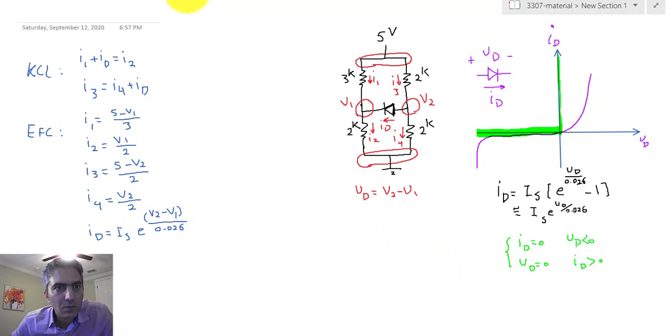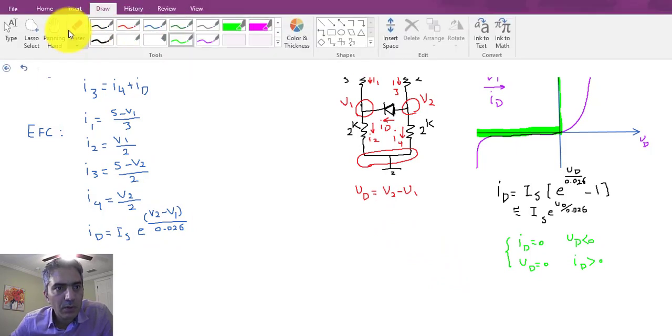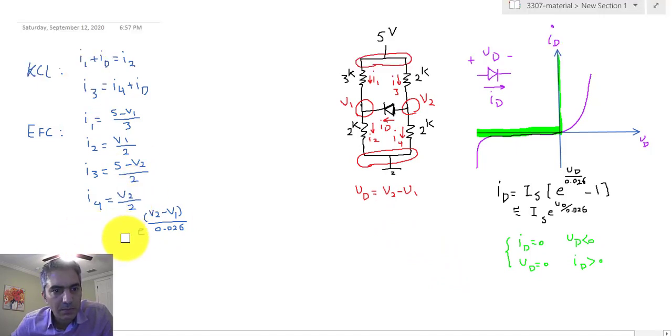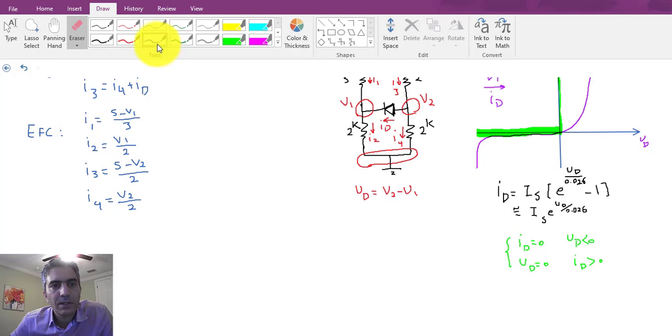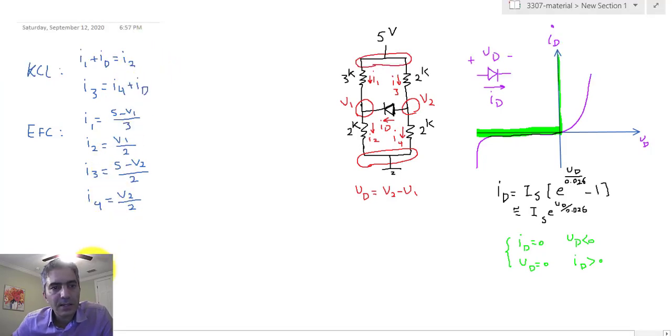I'm going to remove the last one, which was based on the accurate definition of the physics of the diode. Instead, I have to make a choice: either ID equal to 0 is the equation that I'm going to use for the diode, or VD equal to 0 is.